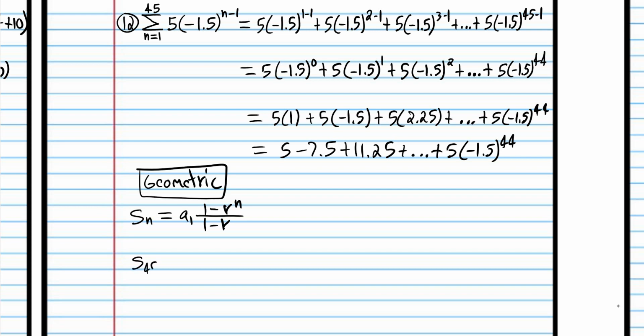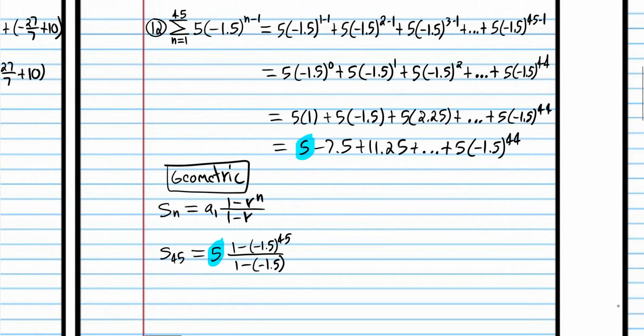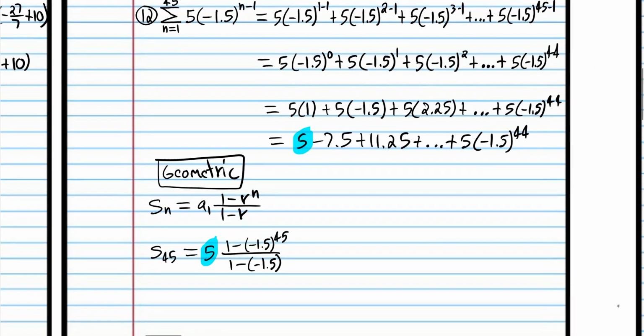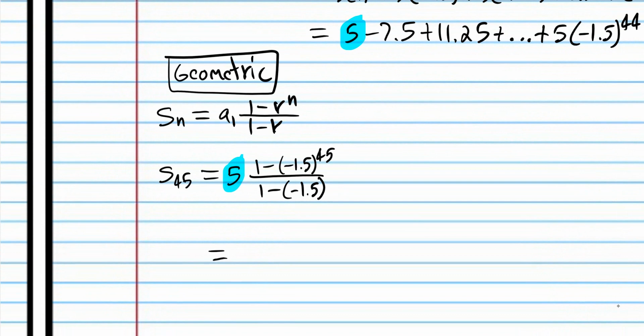So we're adding up 45 terms. The first term is 5. I got that from there. We have 1 minus the common ratio, which is negative 1.5, to the 45th power, and then 1 minus the common ratio in the denominator. Now let's try to simplify if we can.